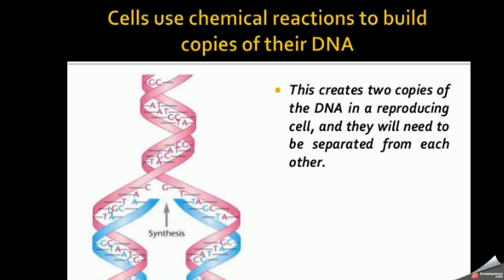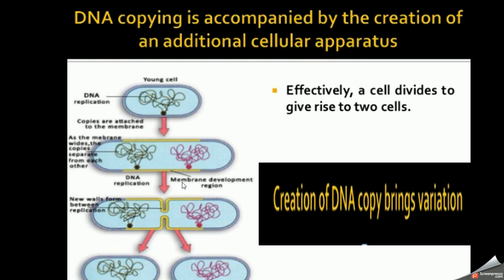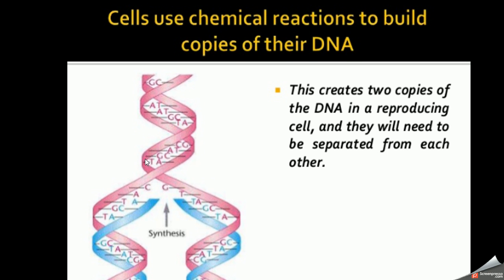So each DNA has its own cellular structure. After replication, this DNA gets separated from here, right? Now, you can see the DNA copying. How this copying takes place, you can see the two copies, one is this one and one is this one. This is called replication of DNA, right?